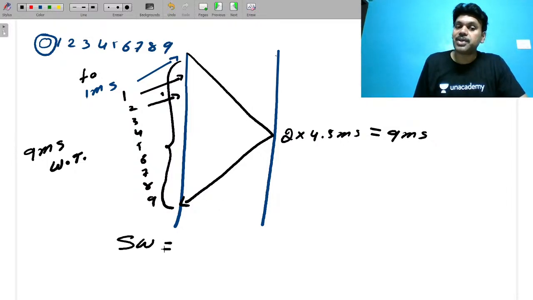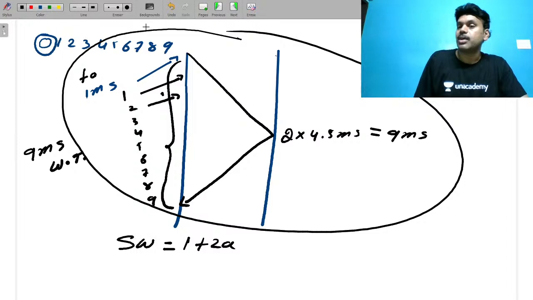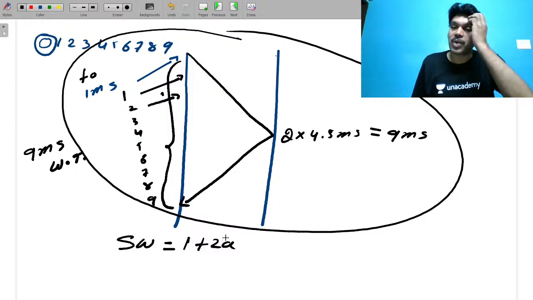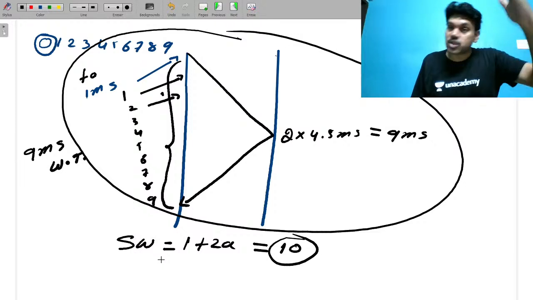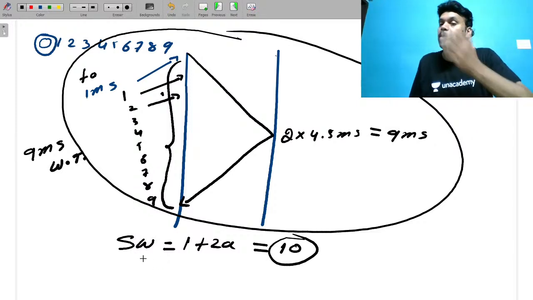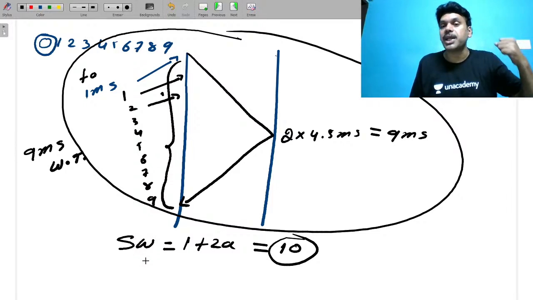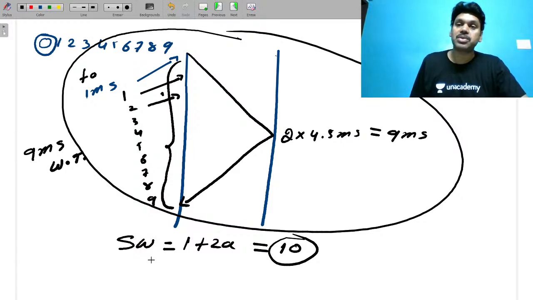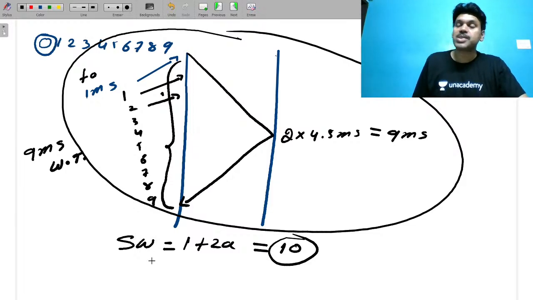Your sender window size is nothing but 1 plus 2a, which is 10. I can send 10 frames at a time because my waiting time is 9. Why wait unnecessarily? I will push 9 more frames. The earlier one and these 9, 1 plus 9, 10 frames at a time have been pushed. That's why waiting time is 0 here, because I am not waiting at all.